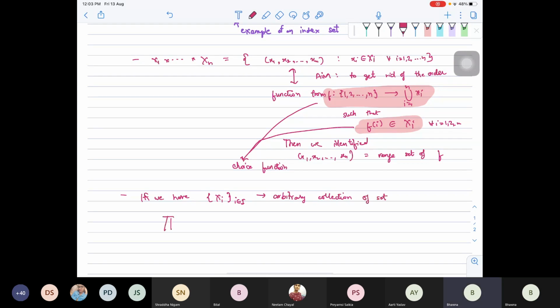So we define product of xi, i in I, to be the collection of all choice functions, right? That means all the functions from I to union of xi, i in I, such that we have a restriction condition. That means f of i should belong to capital Xi for all i.